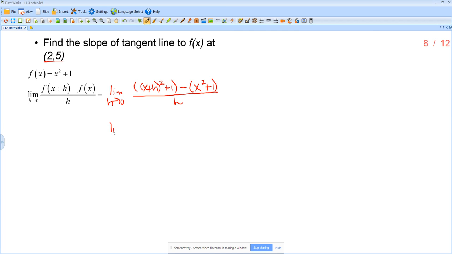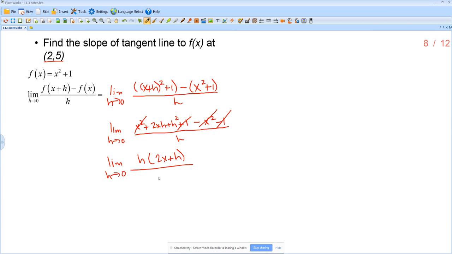So this becomes the limit as h approaches 0 of x squared plus 2xh plus h squared plus 1 minus x squared minus 1 all over h. So my x squareds cancel, my minus 1s cancel, and I can factor out an h from the top of this. So I get h times 2x plus h over h.